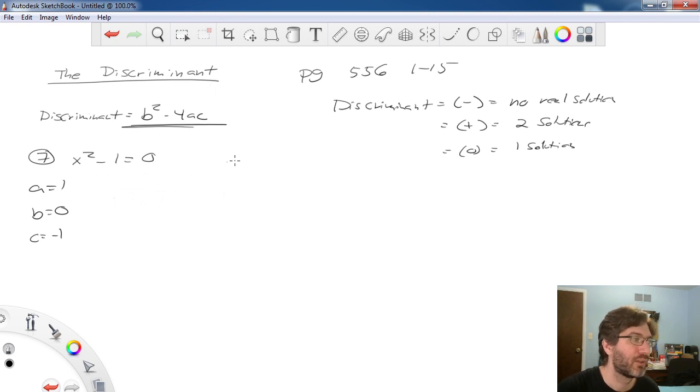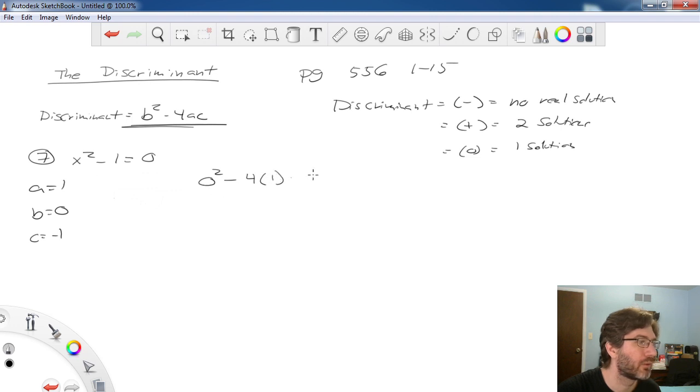That might be the easier approach, just solving it, but if you want to use the discriminant, we can. B squared is 0 minus 4 times... I'm sorry, what is it?